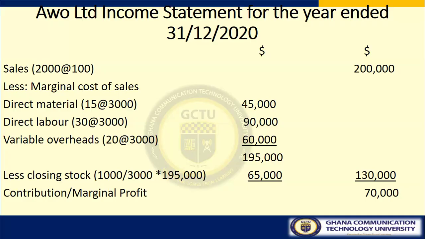So you less closing stock. How do you arrive at the closing stock? We produced 3,000, and then we sold 2,000. It means we still have 1,000 left. We want to find out the cost for those 1,000. The 195,000 we are seeing here is the total cost for producing the 3,000, but we can't use it to arrive at our profit because we didn't sell all the 3,000.